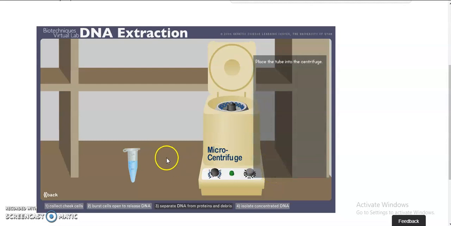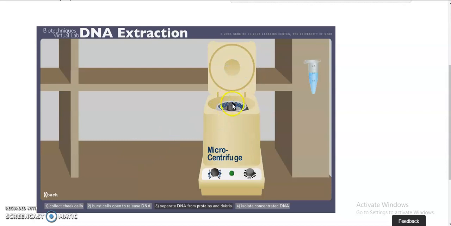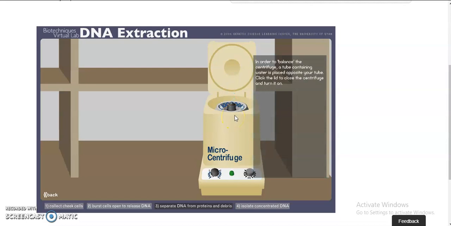Next, place the tube into the centrifuge. In order to balance the centrifuge, a tube containing water is placed opposite your tube. Click the lid to close the centrifuge and turn it on.